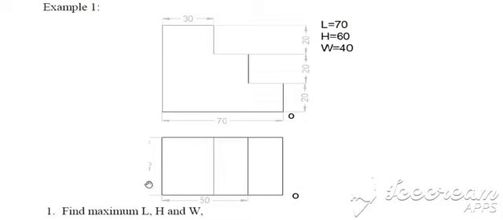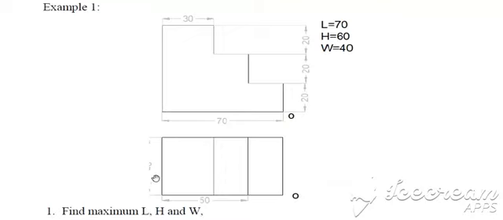Hence again, find the maximum length, width and height. In the front view, this is the length, this is the height and this distance is the width. So here in this diagram, the length is 70 mm, height is 20 plus 20 plus 20, that is 60 mm, and width is 40 mm.